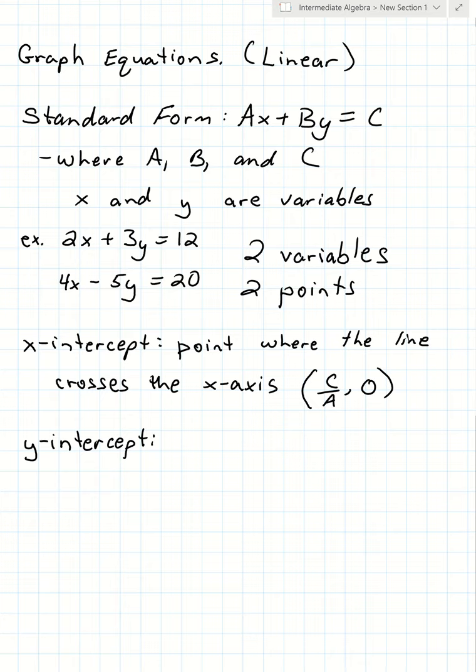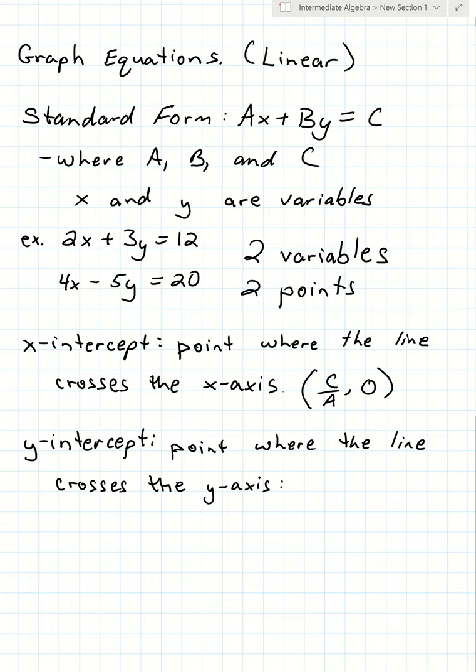And the y-intercept has a similar definition in that, of course, it is the point where the line crosses the y-axis. And it has a similar formula.